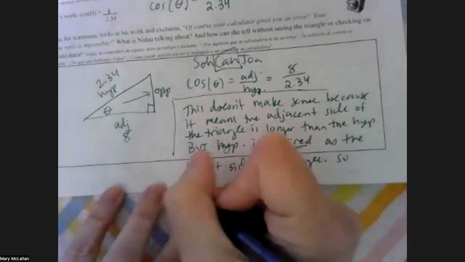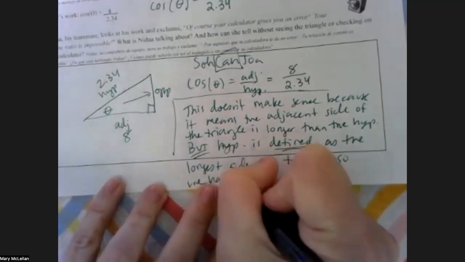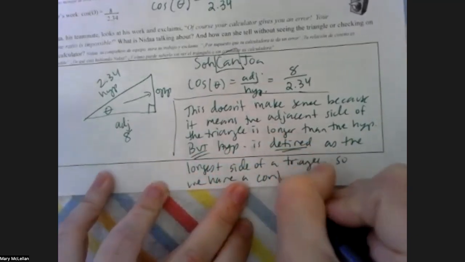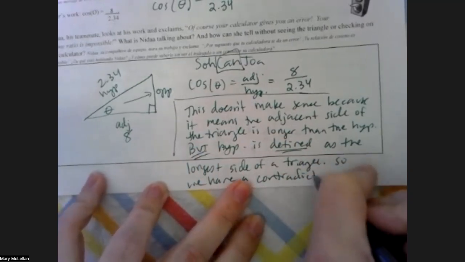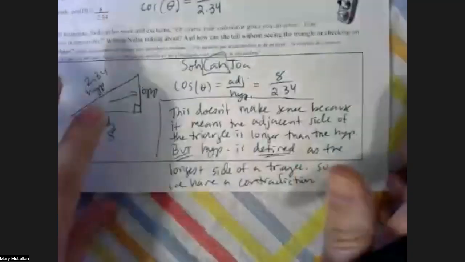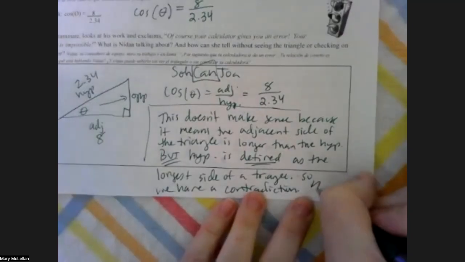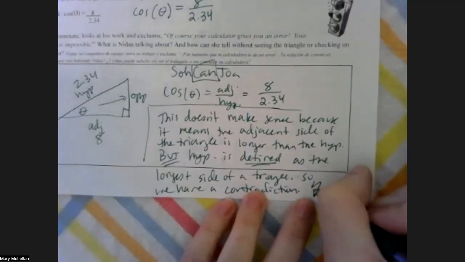So we have a contradiction. In college, I learned, everybody, that contradiction can sometimes be written with this little lightning bolt arrow, which I like.